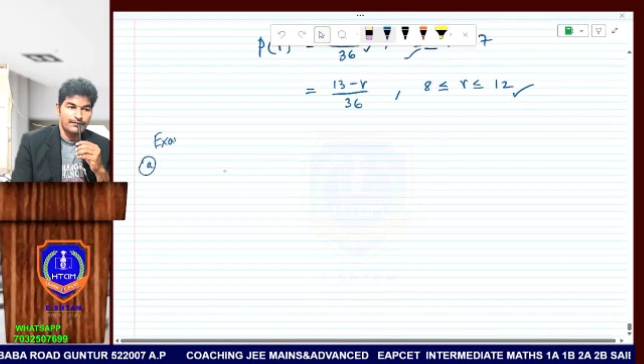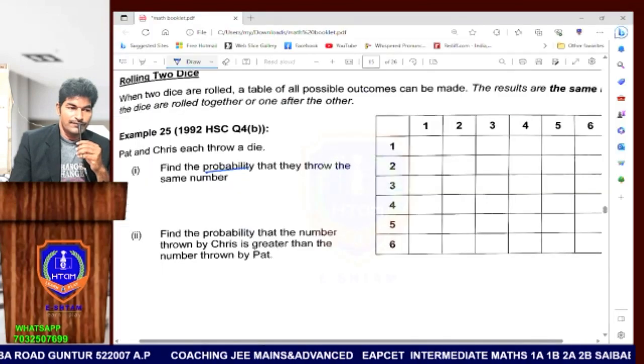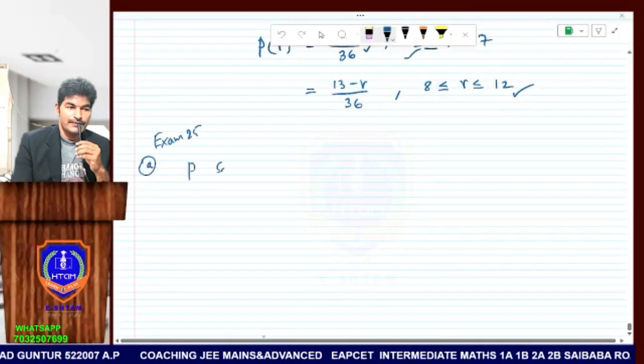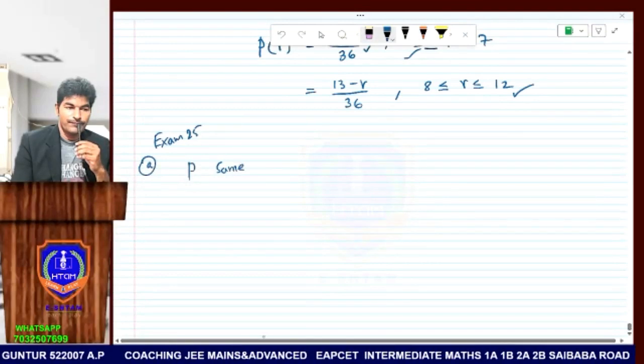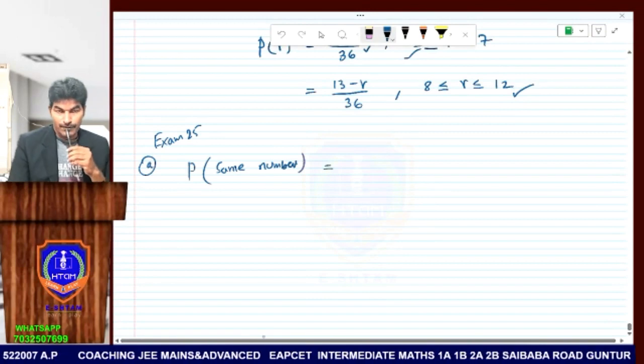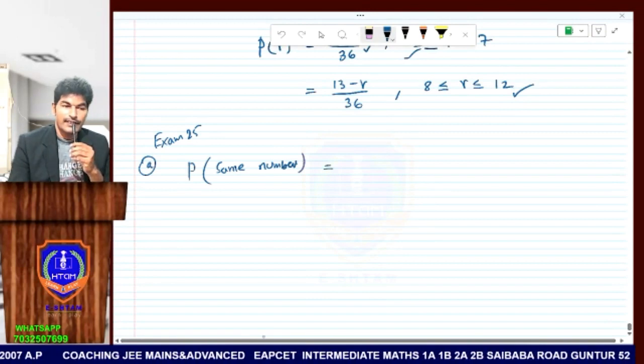Example 25, same number probability. So the chances are as follows. This is called a doublet.